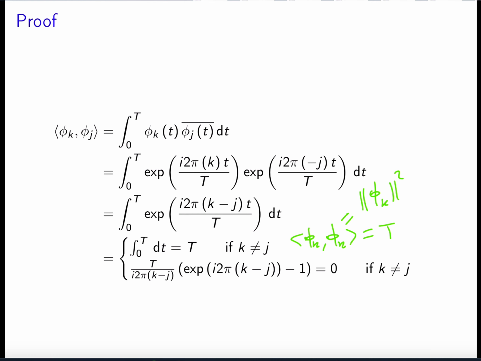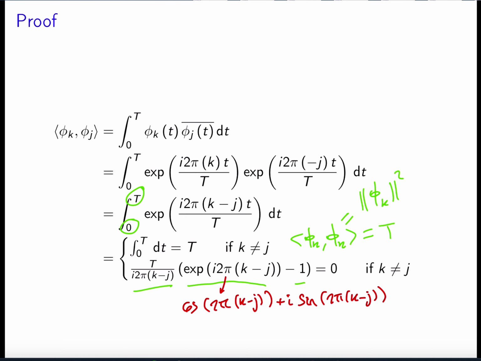Now, if k is different to j, when we apply the antiderivative, the antiderivative of the exponential is just the exponential, where this constant has to come out, and we plug in 0 and T, what we get is exponential of i 2 pi (k minus j) minus 1. This part here is equal to cosine of 2 pi (k minus j) plus i sine of 2 pi (k minus j), just by definition of this complex exponential.